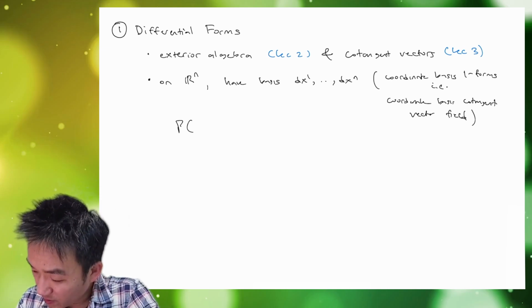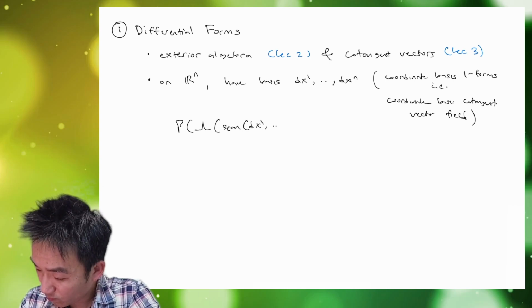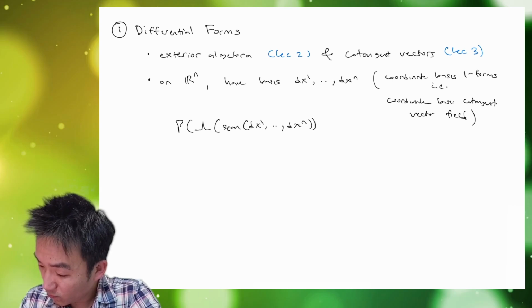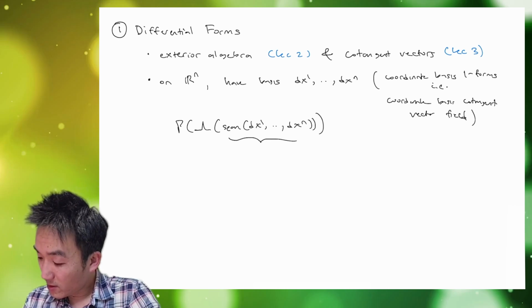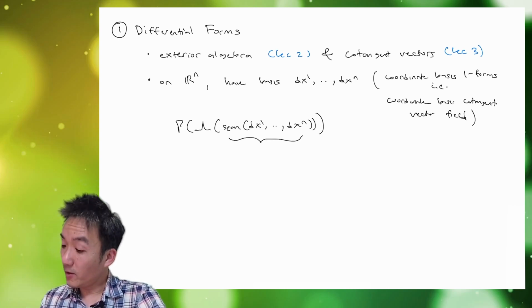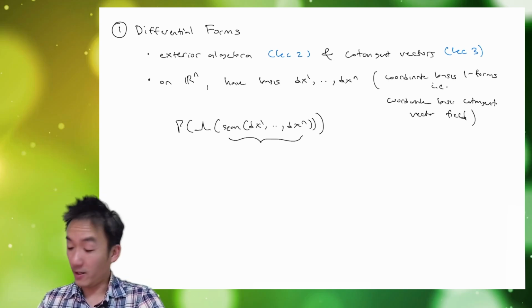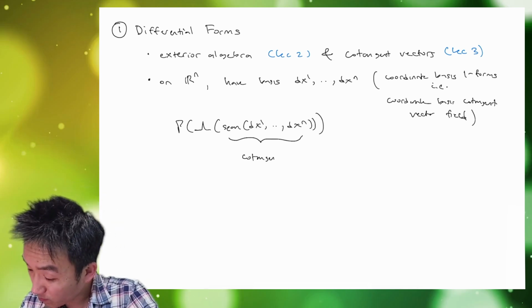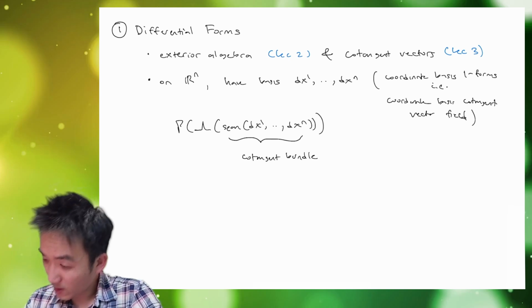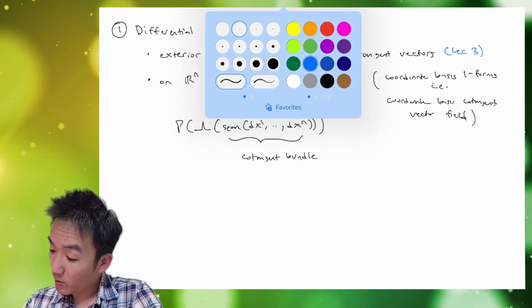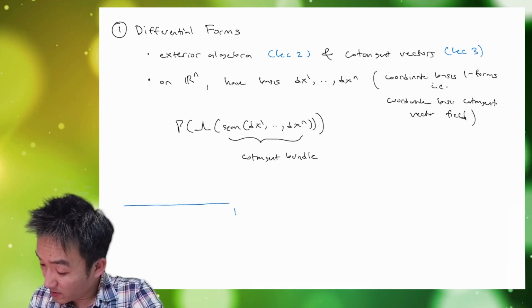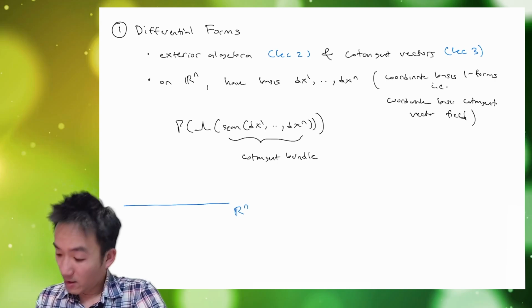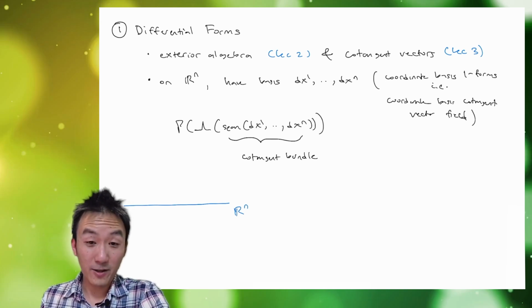So let me just write the following. Okay, so this term here is really just a funky way of writing what's called the cotangent bundle. What's the picture I have in mind? So I have n-dimensional space, which is R^n. I'll just draw that as a line so that I can draw it.